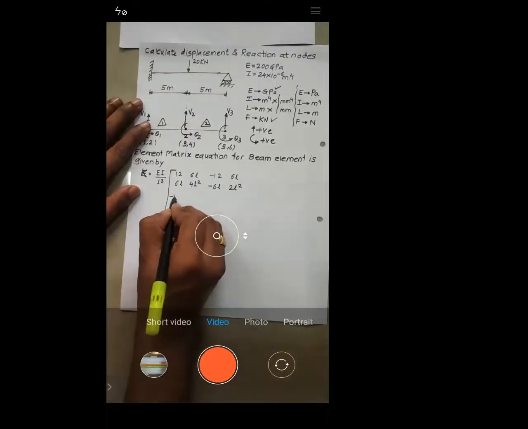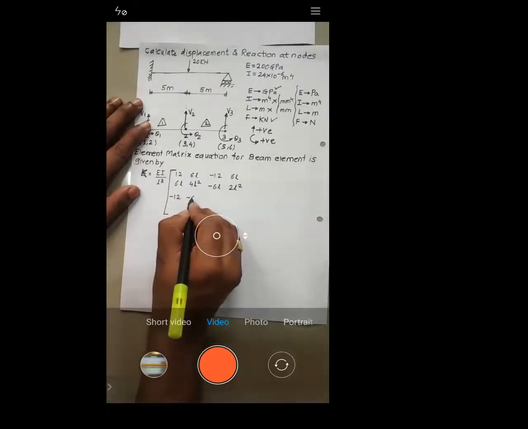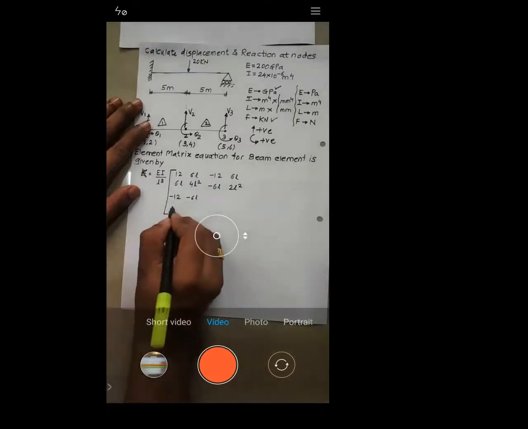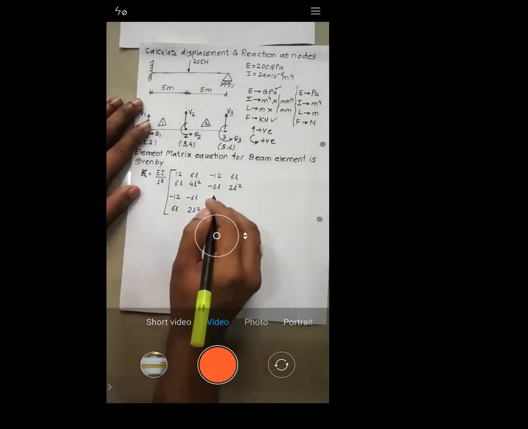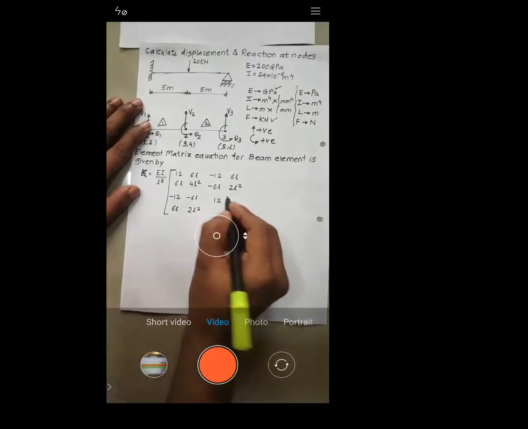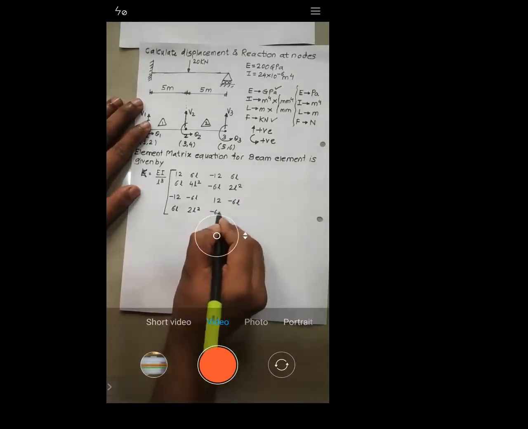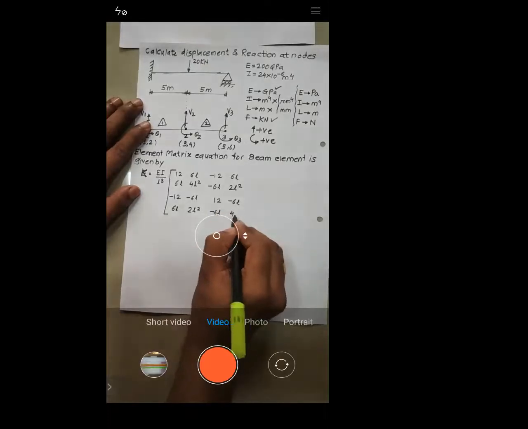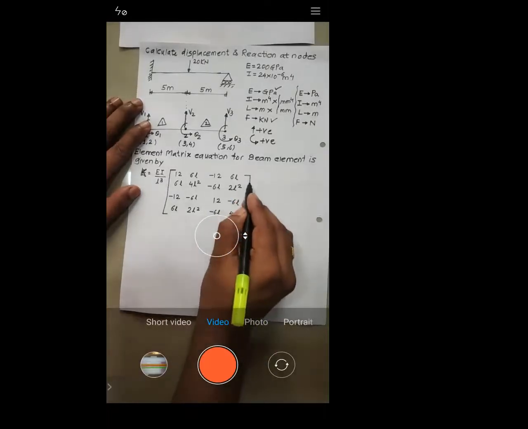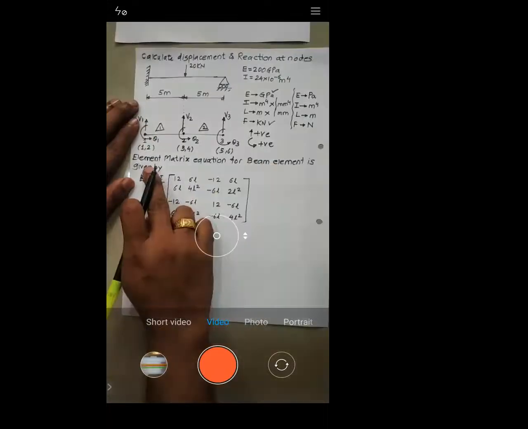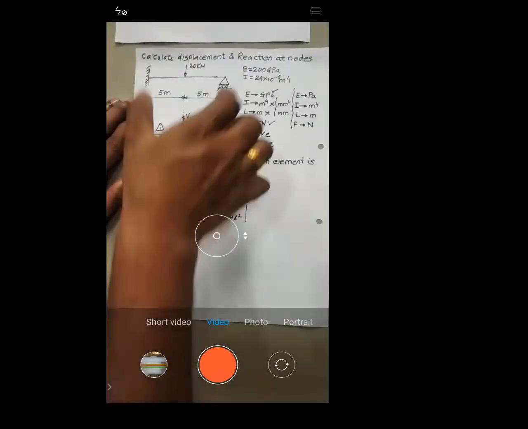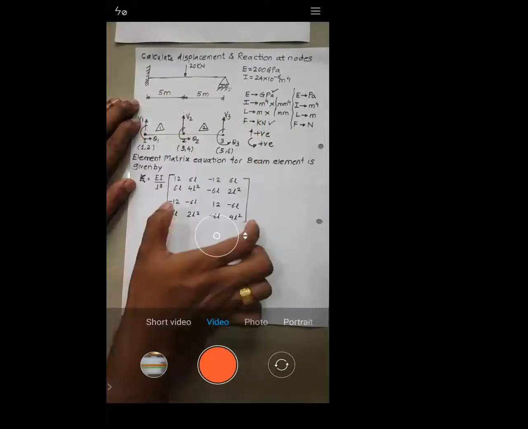Then we have minus 12, minus 6L, 2L square, right? Then we have 12, minus 6L, 4L square. Right? So this is the formula for EME for what? Beam element. Listen, this problem belongs to beam, so you have this EME.